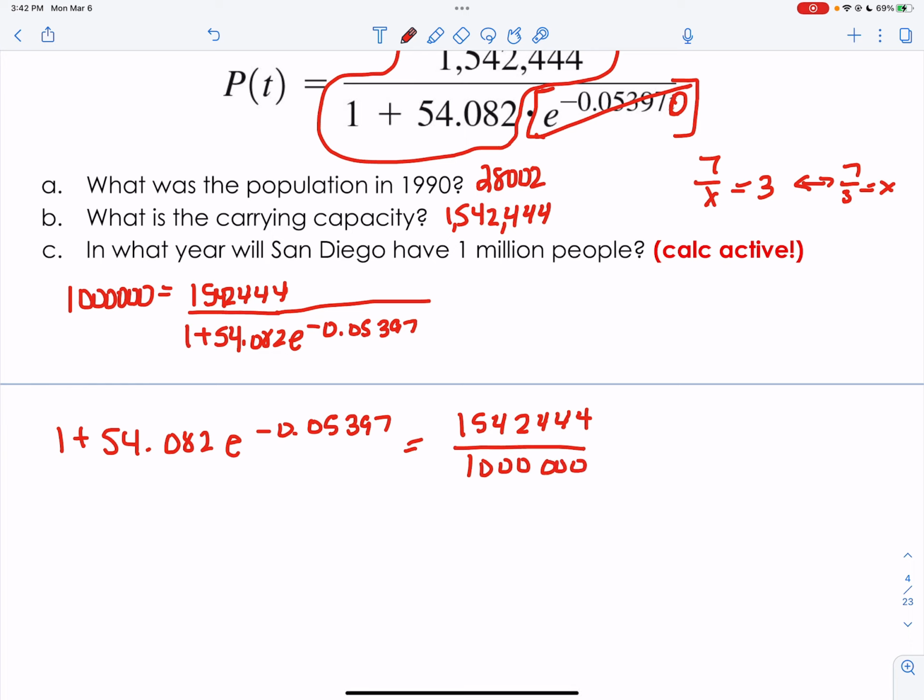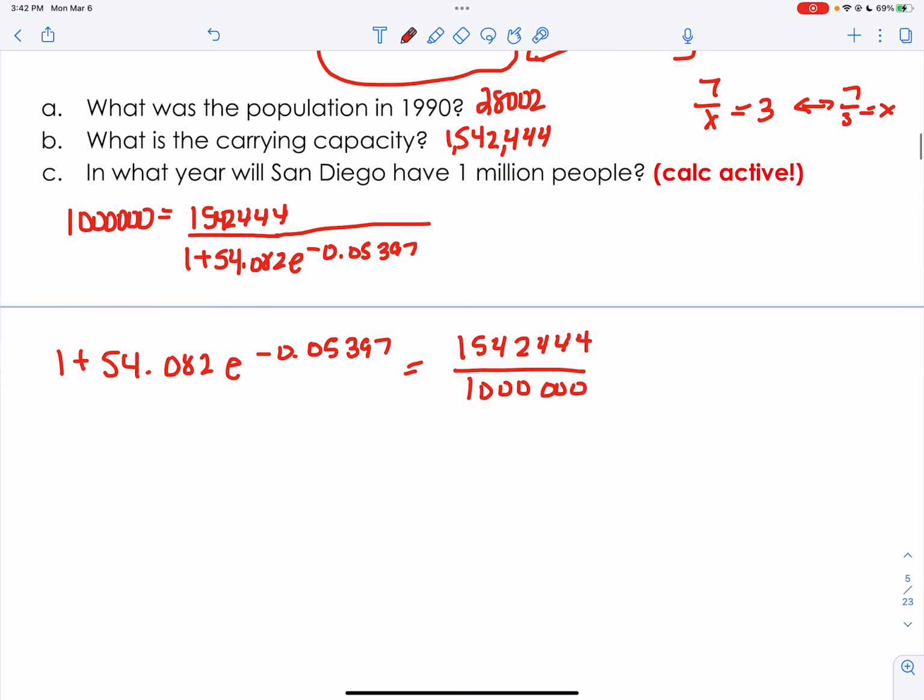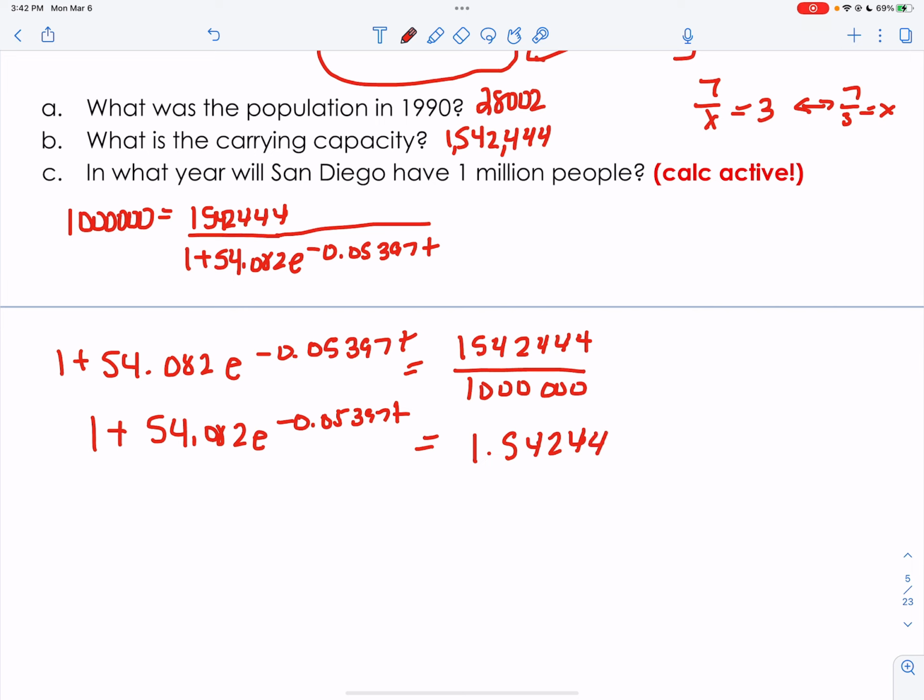If you were to divide out 1,542,444 by a million, you are going to get 1.542444. I'm going to subtract 1.